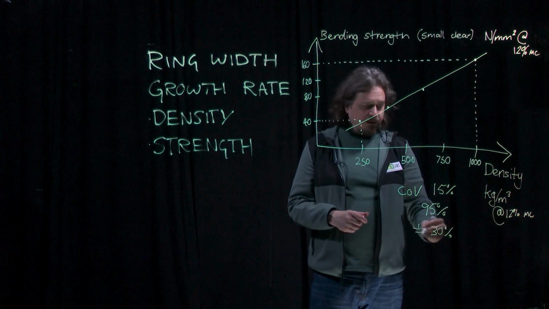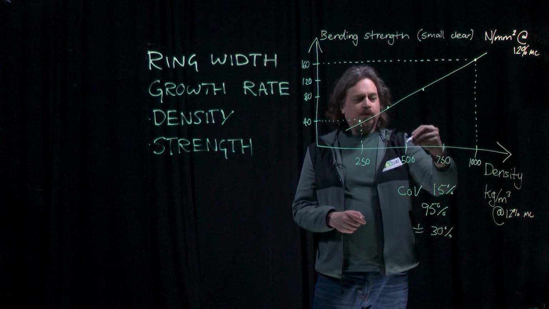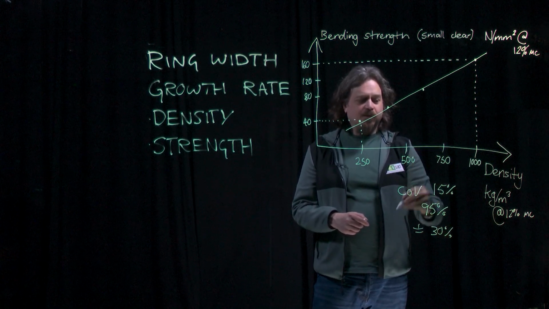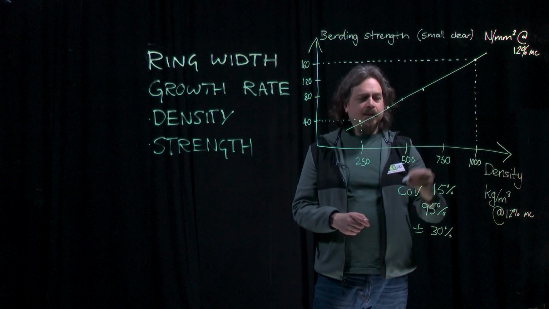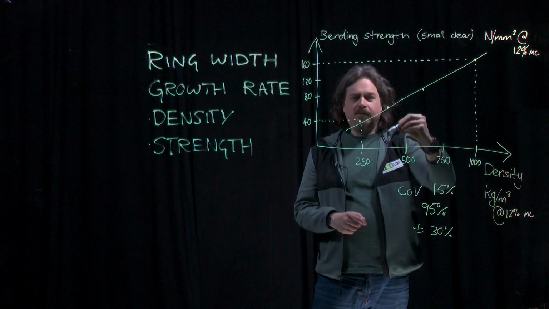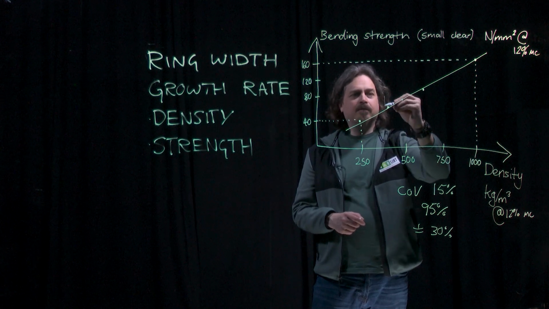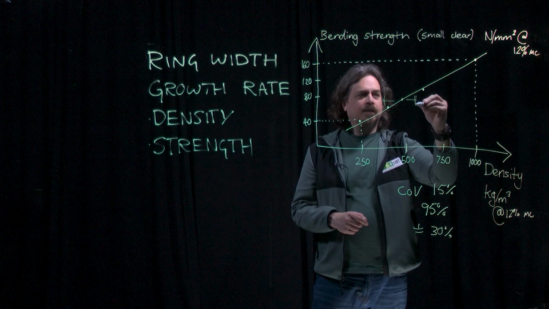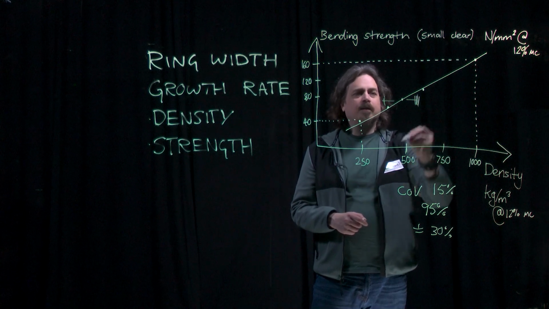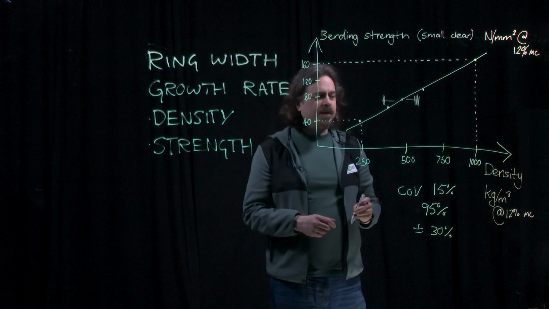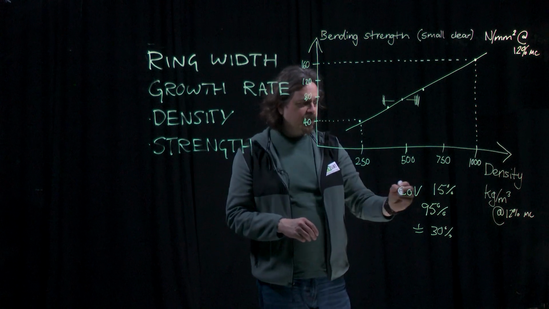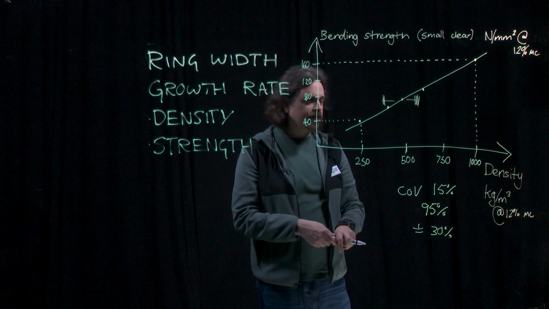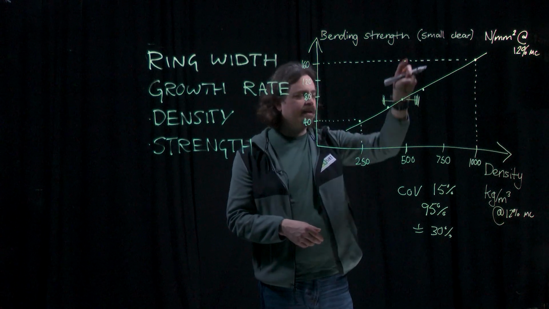So about 30%, that means, for example, if you have here a density of about 500, that you'll have a mean there, but the density will vary about a third of the way. So you'll expect some density variation within the species. For strength, the coefficient of variation is similar, about 15% for small clears.